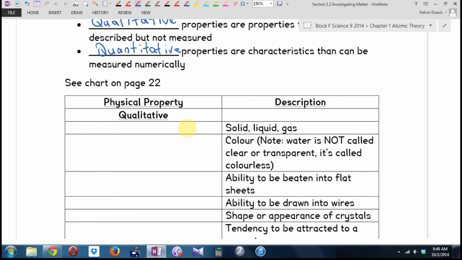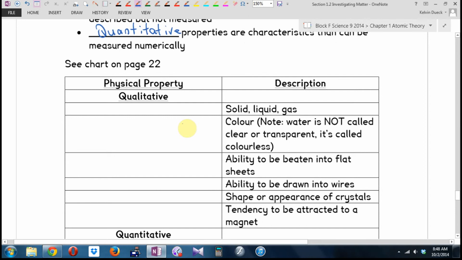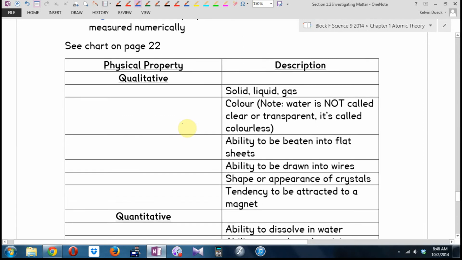So let's talk about these. Some words. I wrote a chart on page 22. We're going to fill it in together, but if you're studying and you want to see a nice pretty chart that has a better description, you can certainly go to page 22. What's the word that describes whether something is a solid, a liquid, or a gas?